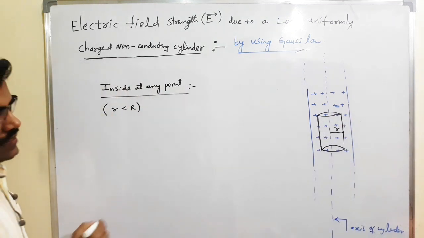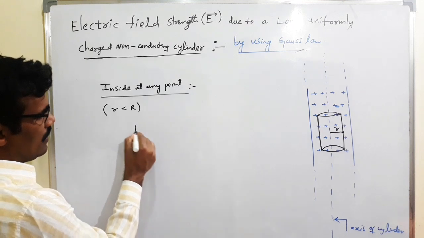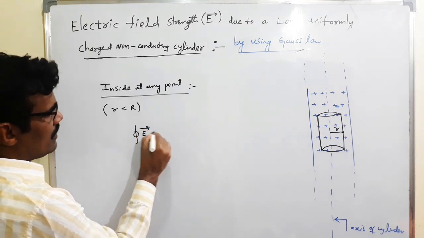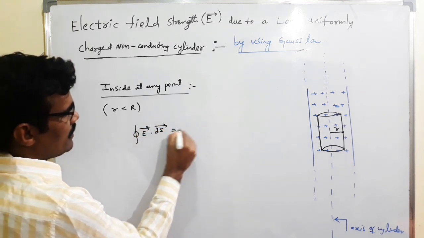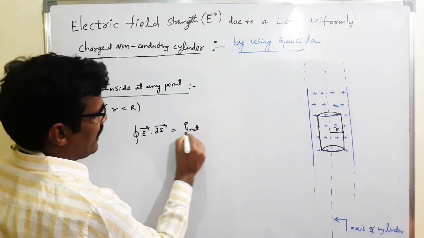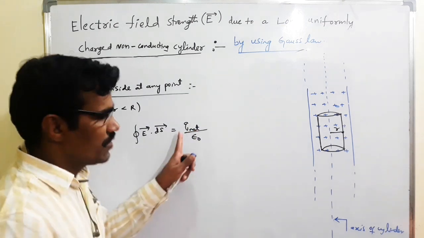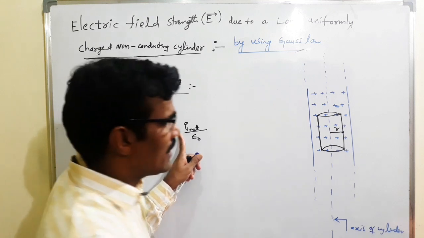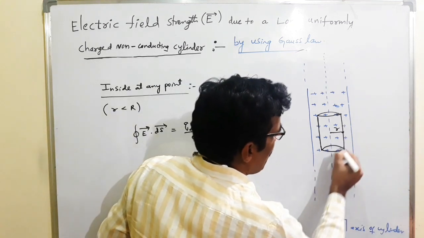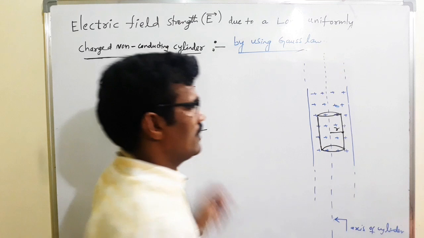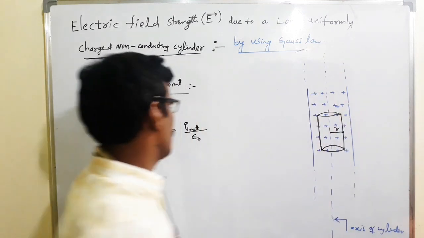According to Gauss law, integration E bar dot ds bar is equal to Q net by epsilon naught. Q net is the net charge enclosed in the Gaussian surface.